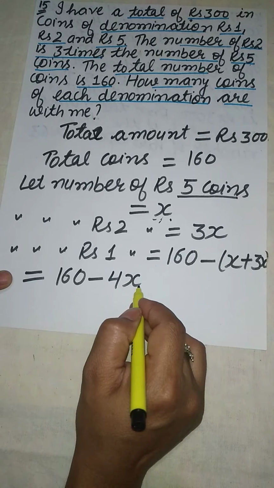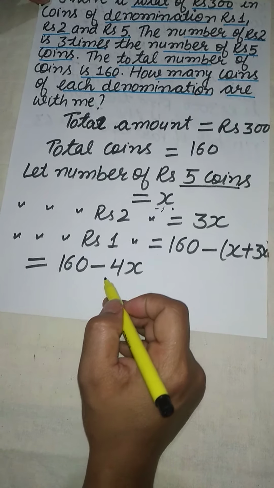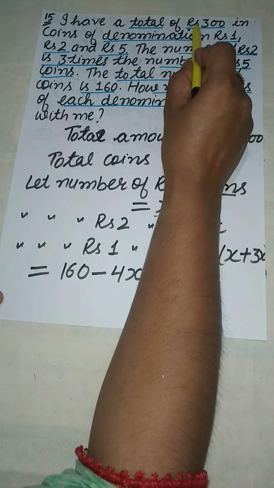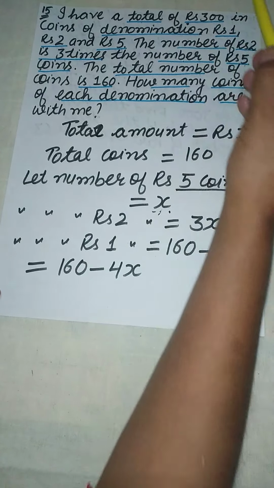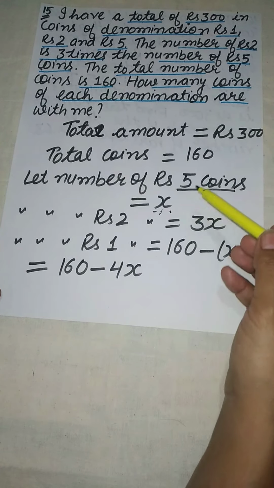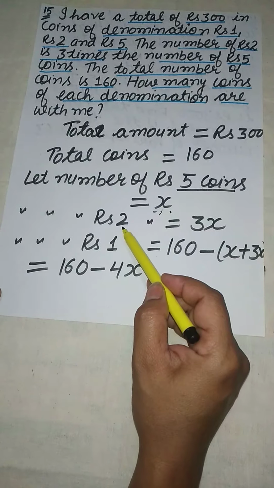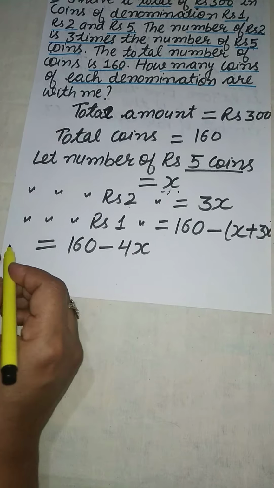These are the number of rupees 1 coins. Now as given in the question, the total amount I have is rupees 300.